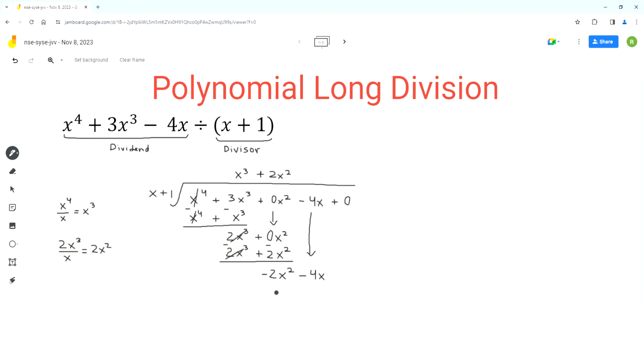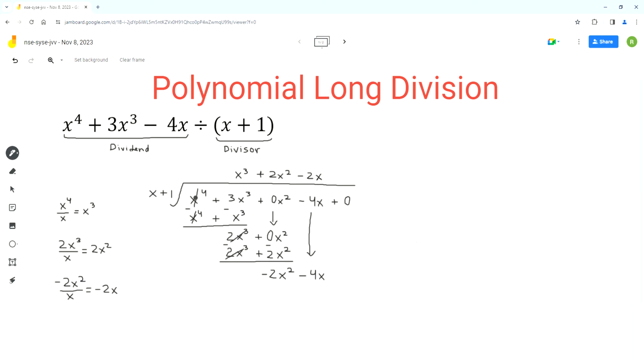Now we have to cancel out negative 2x squared. We divide negative 2x squared by x, the highest degree term in the divisor, and we get negative 2x. That's the next term in the quotient. Now we multiply negative 2x by the divisor.